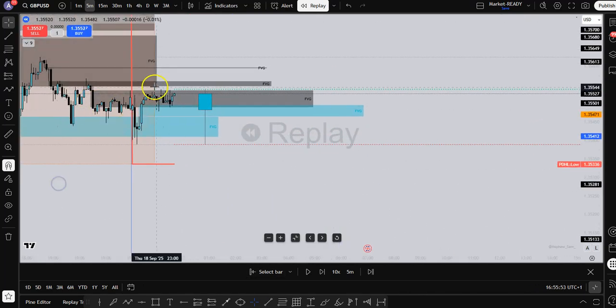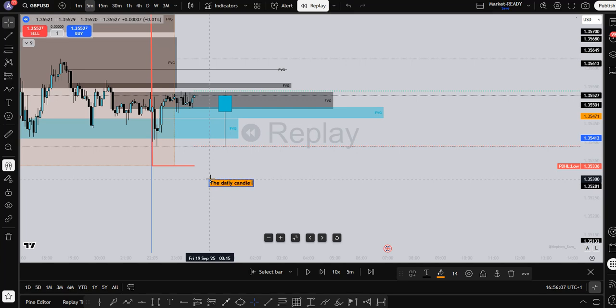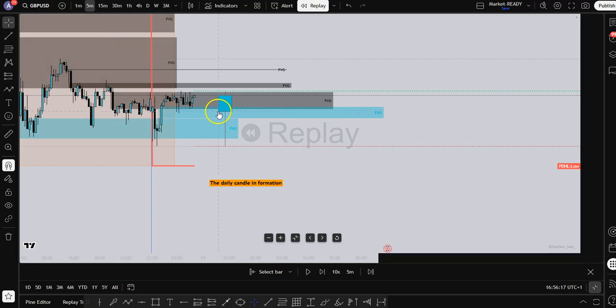You can see that we start the day bullish. This is the daily candle formation, how it formed through the day. So we have the opening here of the session.